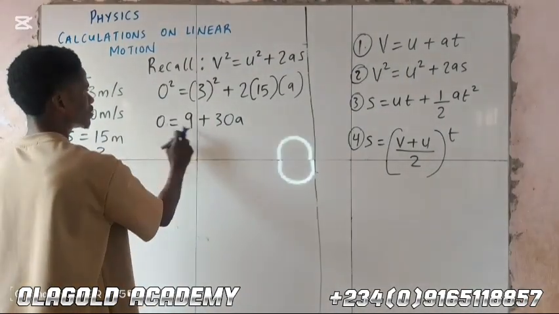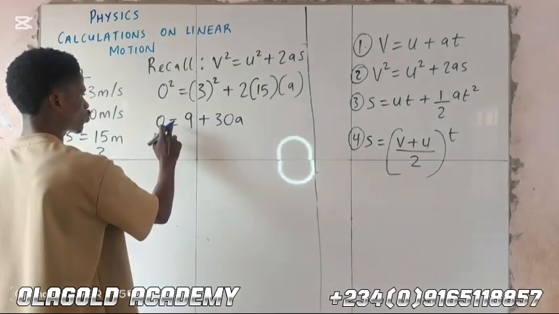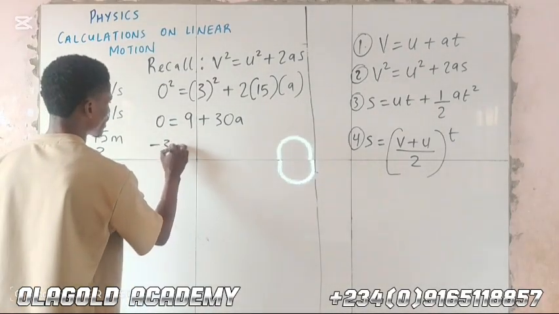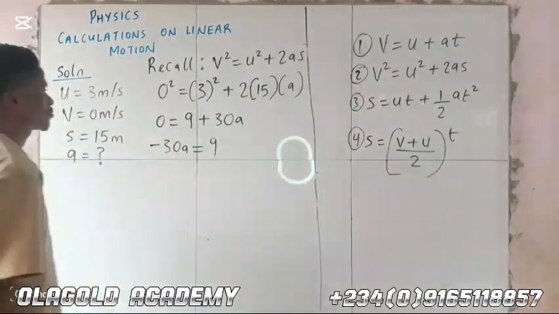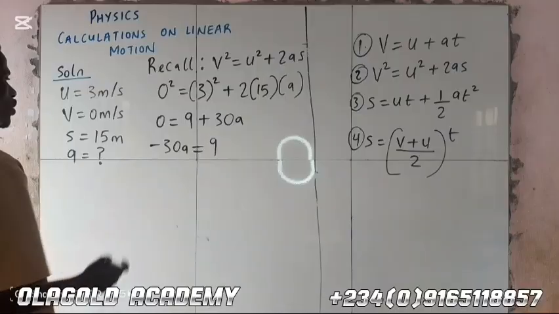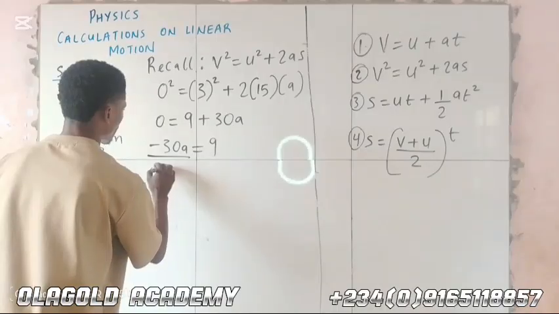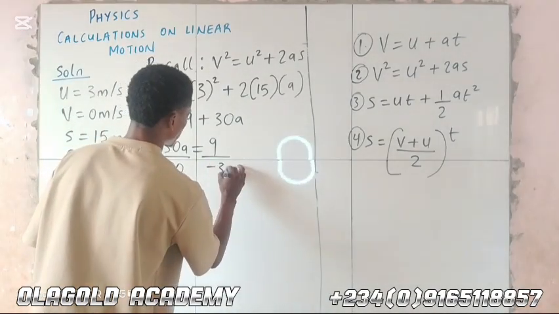If this 30a with the positive sign crosses the equal sign, it becomes negative. So we have negative 30a equals 9. My next step is to divide both sides by the coefficient of a, which is minus 30.